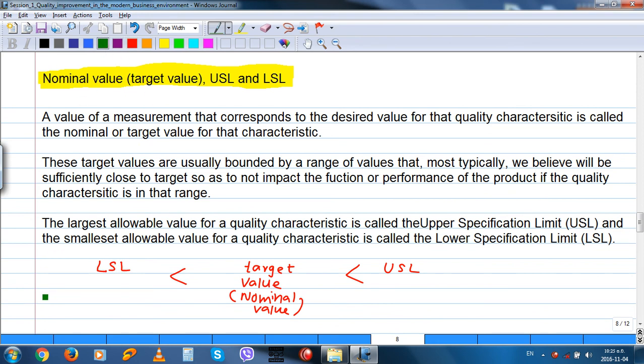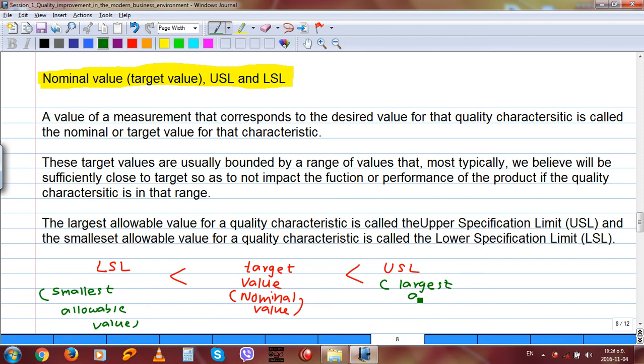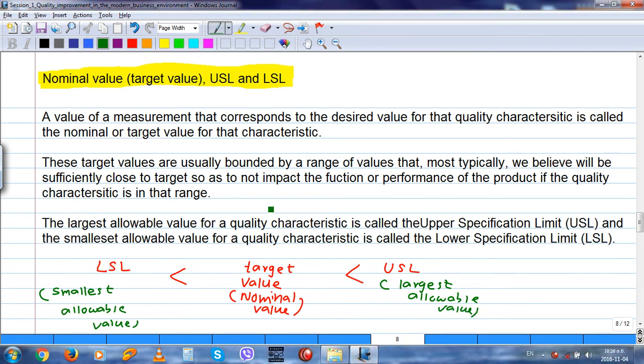Lower specification limit means the smallest allowable value, just as upper specification limit means the largest allowable value, right?